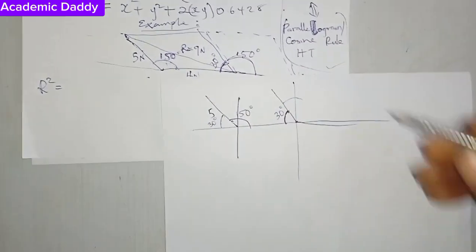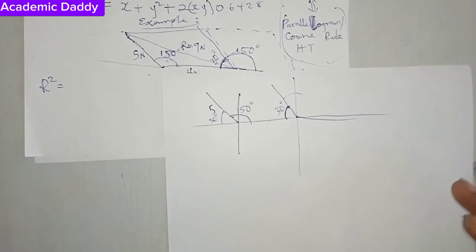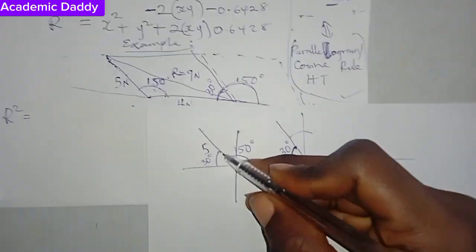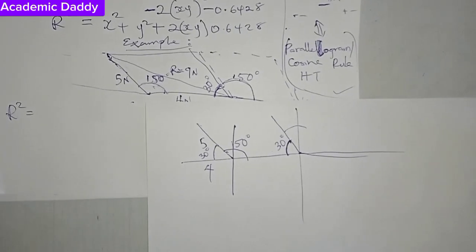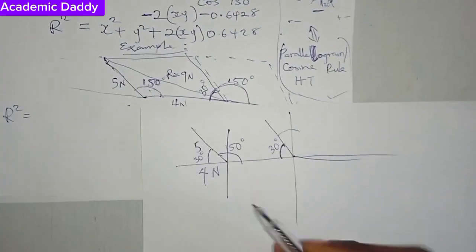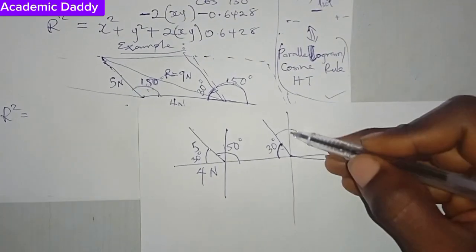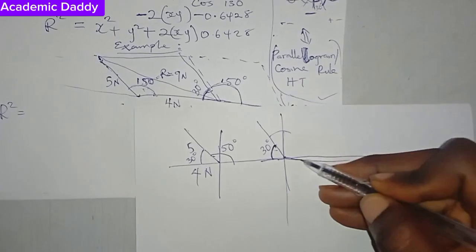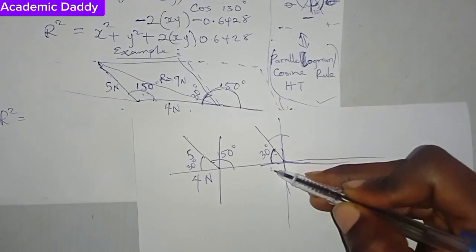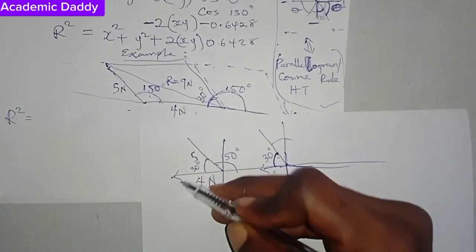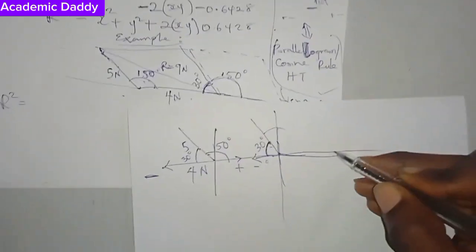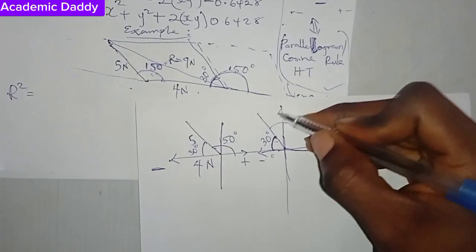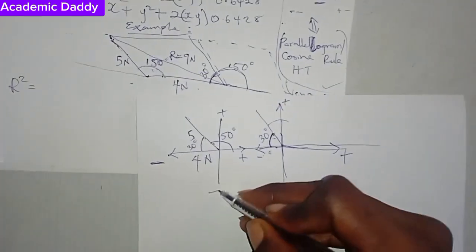That is what I will use. If this is 30 degrees, this is 4 Newton. And notice that with what we've done so far, this 4 is still entering this side of x, and this side of x is minus, this is plus, this is minus, this is plus, this is plus, this is minus.